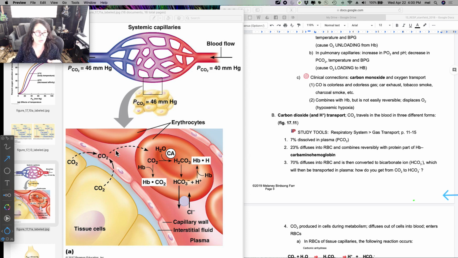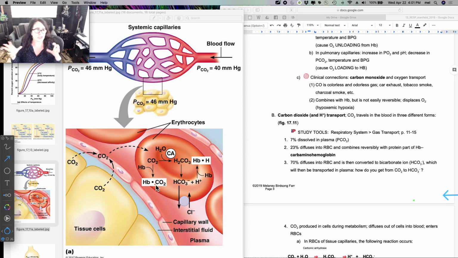But 23% of your carbon dioxide actually diffuses into the red blood cell and sits on hemoglobin. But importantly, it does not sit on oxygen's seats. It combines not with the heme portion of hemoglobin, but with the globin portion of hemoglobin, okay?